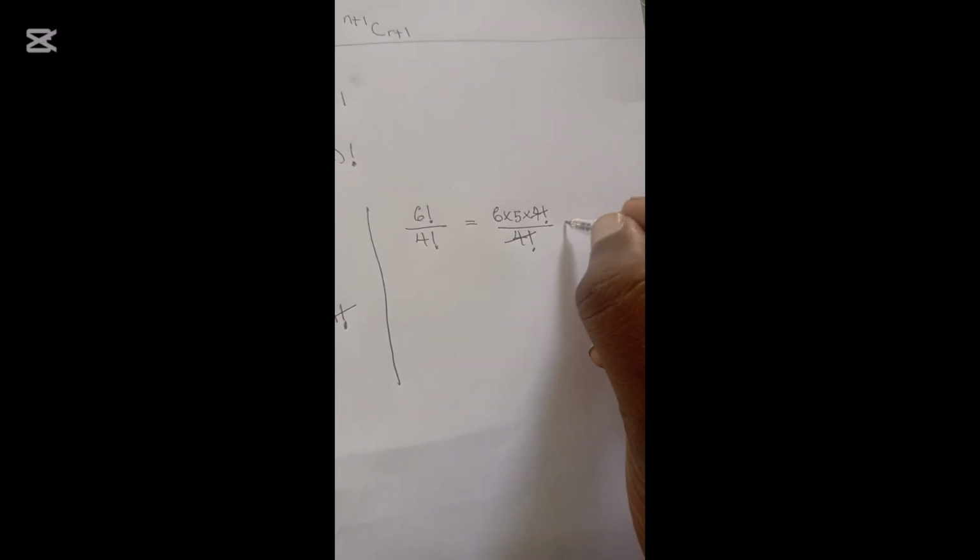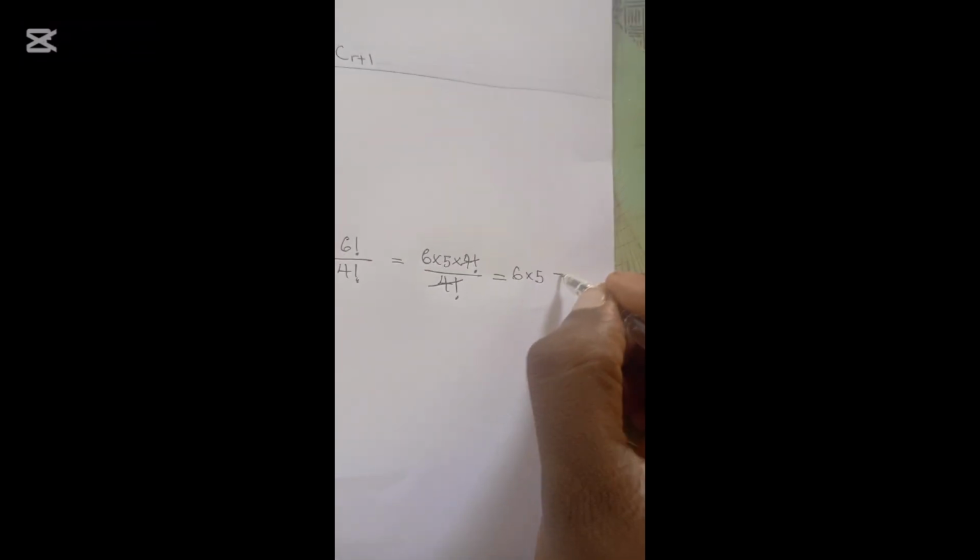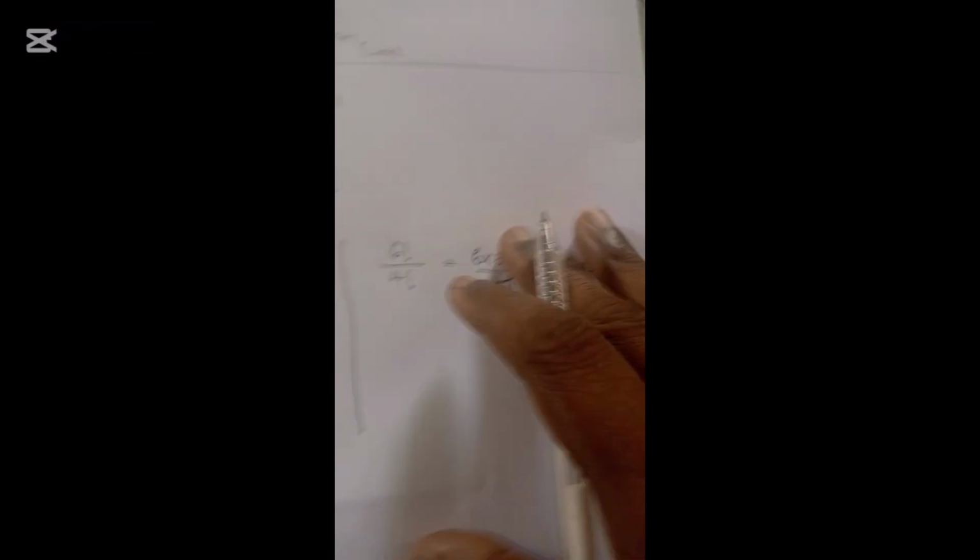So that 4 factorial cancels 4 factorial and we are left with 6 times 5, which in turn gives us 30. So this idea is very, very vital here. I believe we are learning these key ideas.